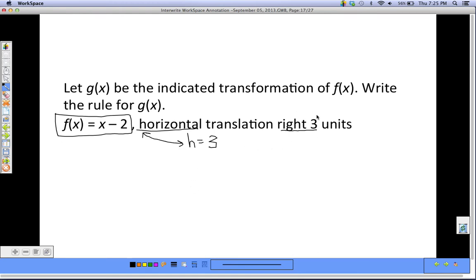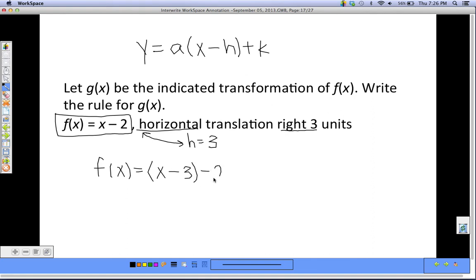Now, because it's right 3 units, when we put it into our translation equation, what do we have to do? That's right. H is a liar, once again, so we're just going to plug in the 3. So our f of x now is going to be equal to x minus 3 minus 2, because h is a liar, so it's negative in our equation, positive when we just talk about it.